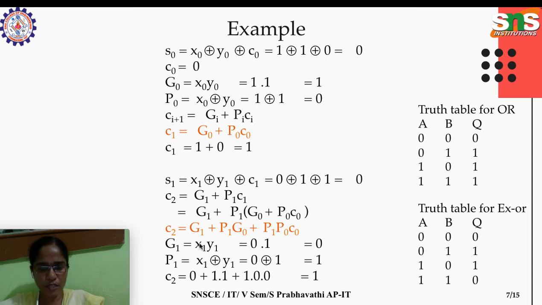G1 we got as 0, plus P1 is 1 times G0, which is the value we got, 1, plus P1, which is 1, P0, which is 0, and C0 is 0.